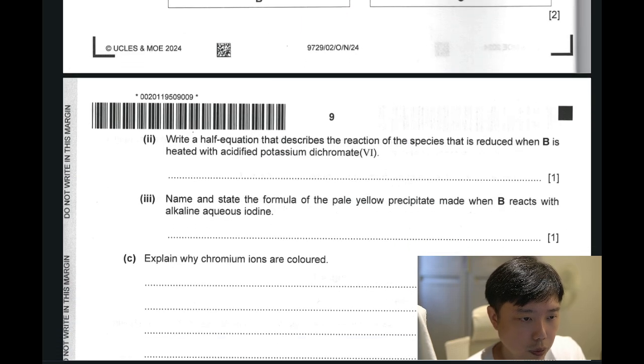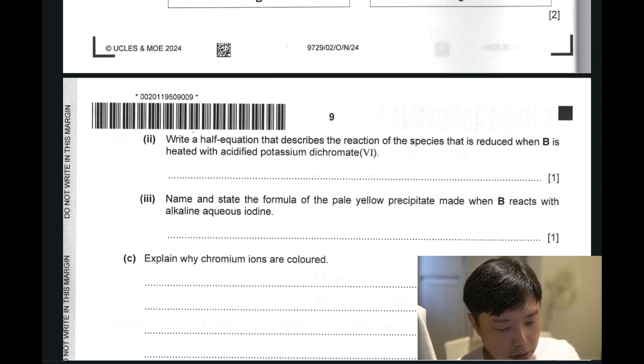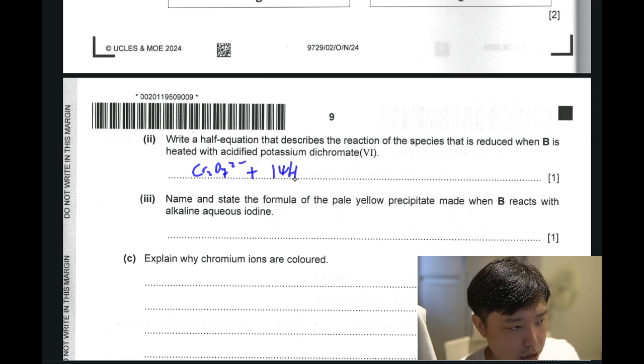Write the half equation for the species that is reduced when B is heated with dichromate. So it's the dichromate that is being reduced to chromium ion. Just pick out the half equation from your data booklet: Cr2O7 2- plus 14H+ plus 6 electrons gives 2 Cr3+ plus 7H2O.